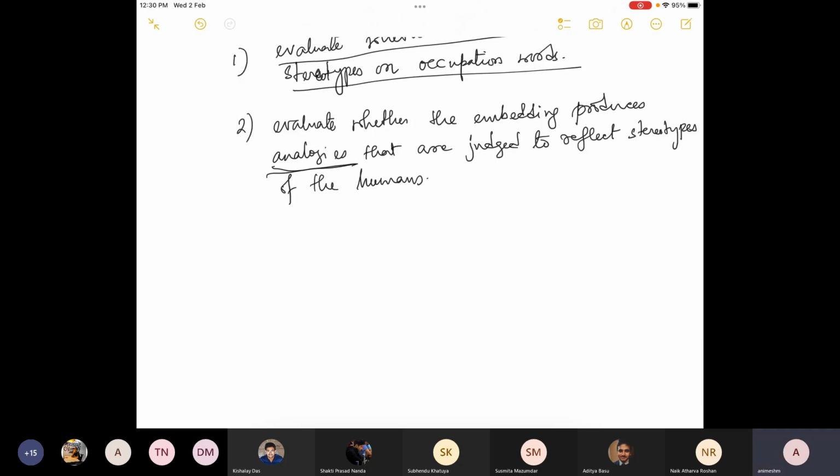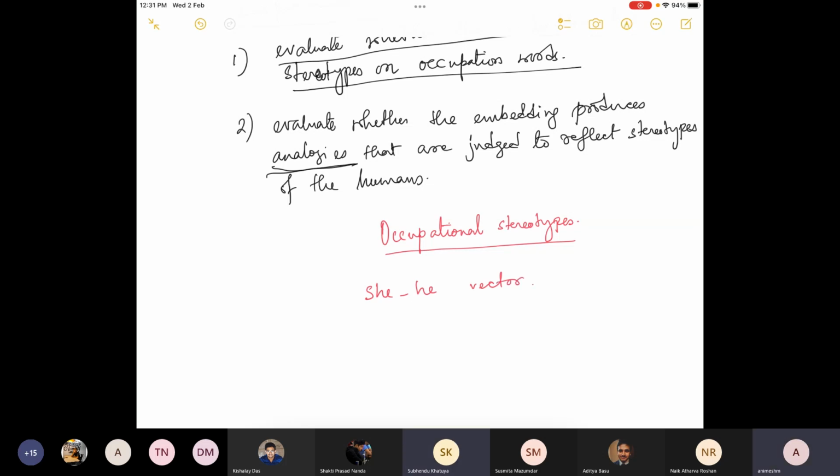The first one, as we said, is occupational stereotypes. What did they find here? So they took the she, he vector.